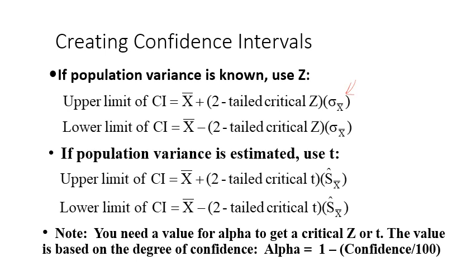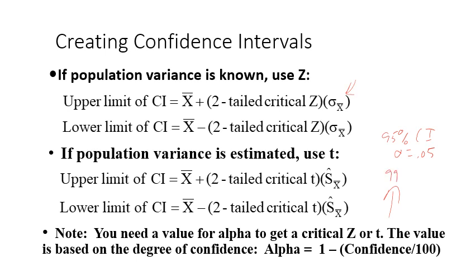Our alpha is going to be equal to 1 minus our degree of confidence divided by 100. What does that mean? If we have a 95% confidence interval, 1 minus 95 divided by 100, 1 minus 0.95, our alpha is going to be equal to 0.05.